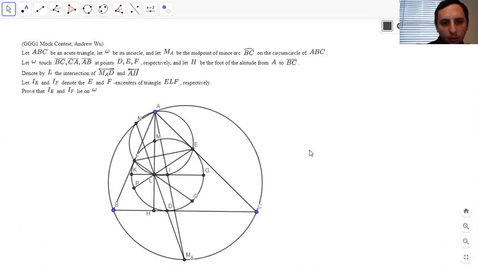We have to prove that EO is perpendicular to IL, because FOE is equal to 1/2 of arc EF.